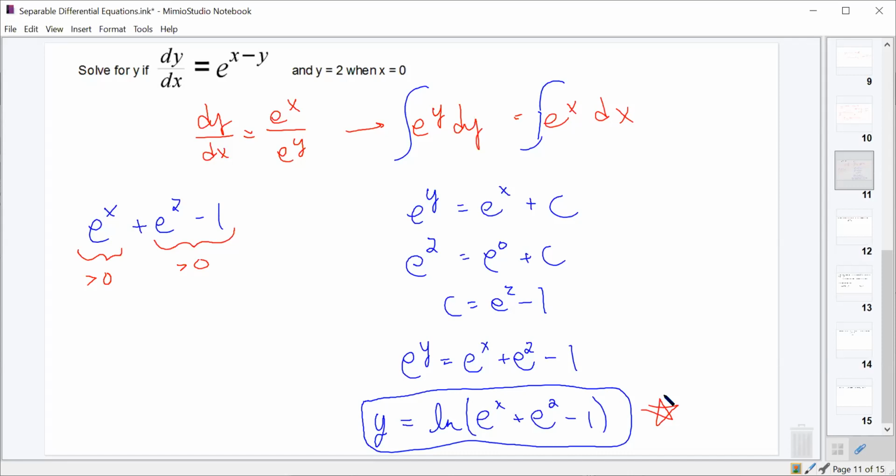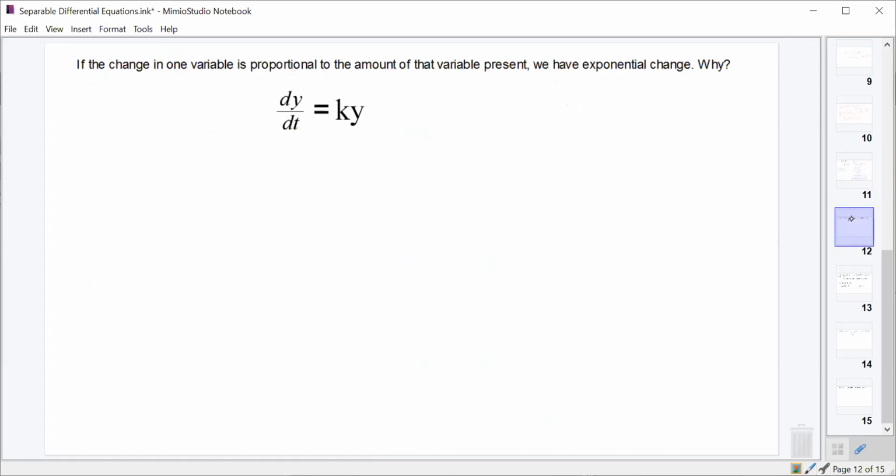It comes from the differential equation dy/dt equals k times y. What that's saying is the change in one variable, in our case the change in y with respect to time, is proportional, with k as our constant of proportionality.